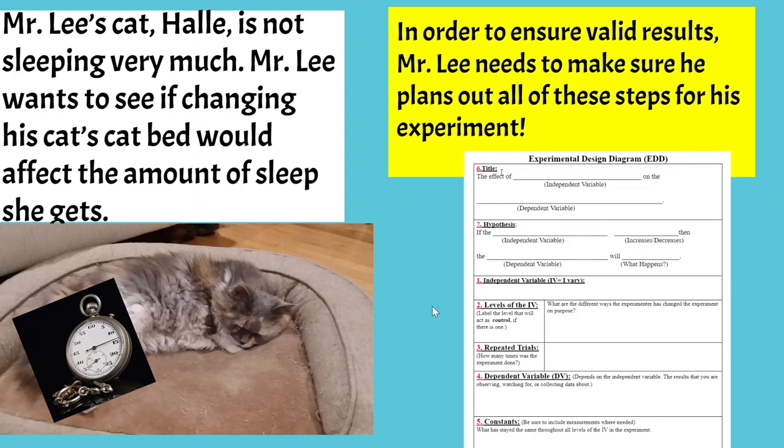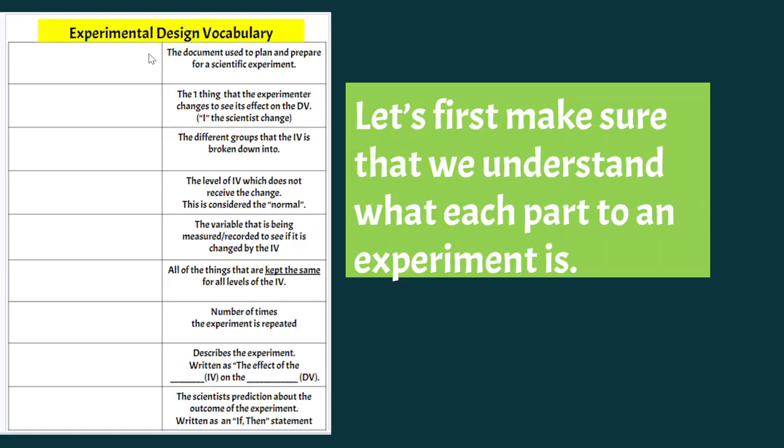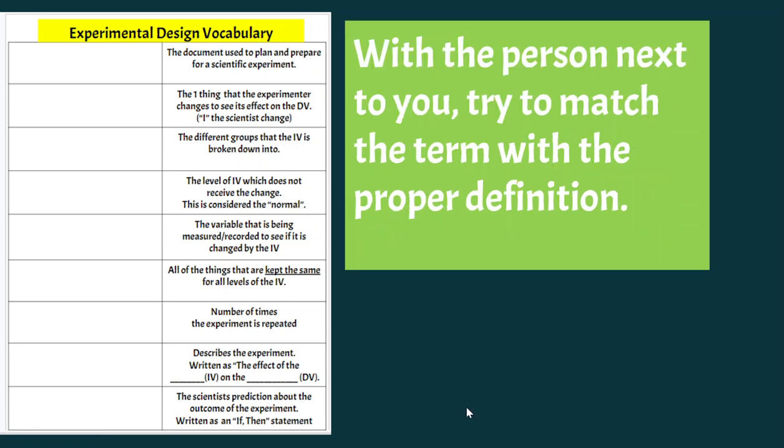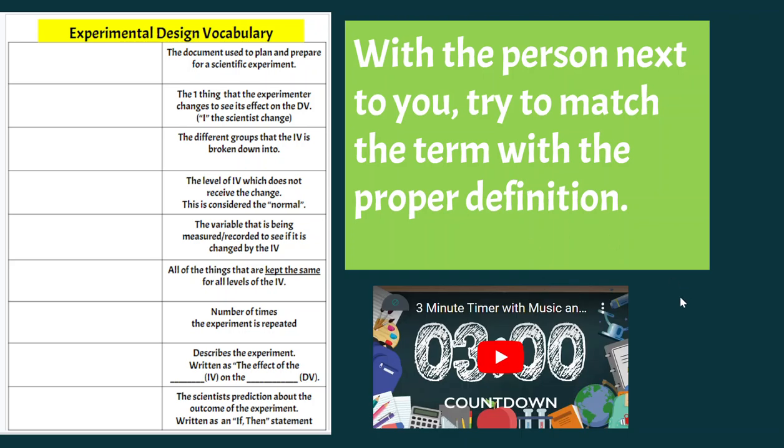In the classroom, each table got a baggie with 9 different terms, and students worked in pairs to lay out the terms right next to their appropriate definitions. All right, so you are matching if you are in the classroom.